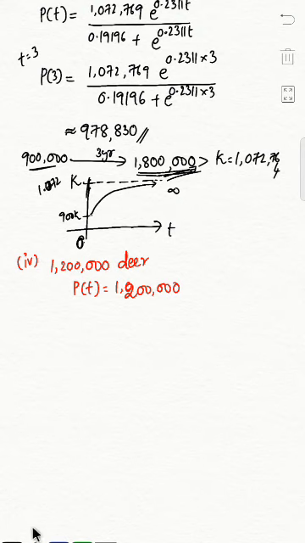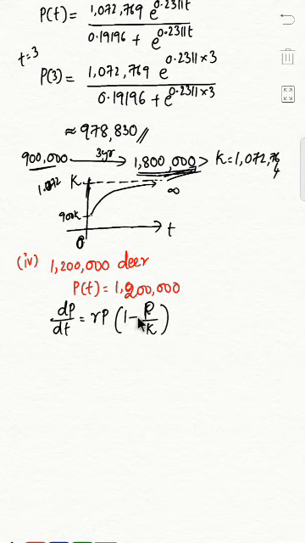Okay, we see that our equation dP/dt is rP times (1 minus P/K), right? So this is rP times (K minus P)/K.